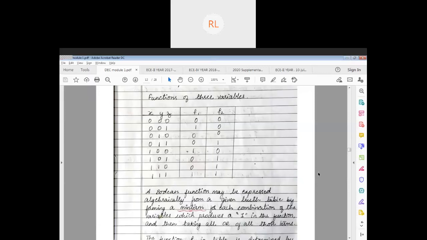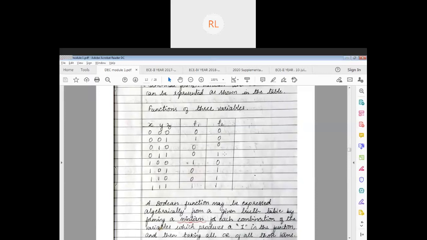Now you can go back to this truth table and try to write the equation for f2 if you have your notes with you. Just take down 0 1 1, which is giving a high value for f2, and similarly 1 0 1 is also giving an output. 110 and 111 are giving outputs for f2.